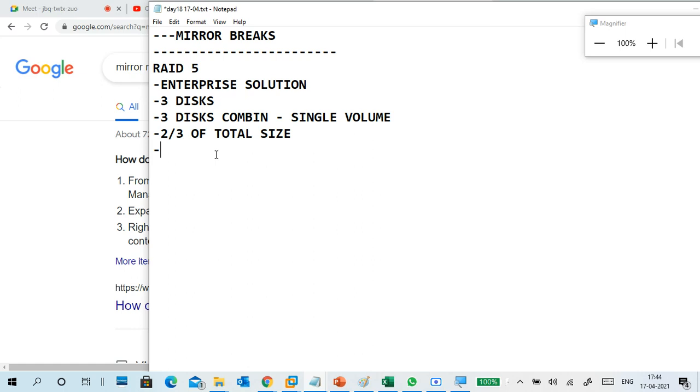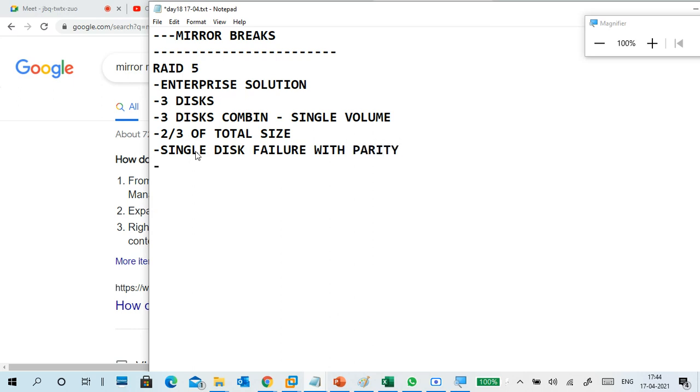So it's an enterprise solution. 3 disks we are using. 3 disks combined will create a single volume. Total size we are getting is 2 by 3 of the total size, and it is a single disk failure with parity.